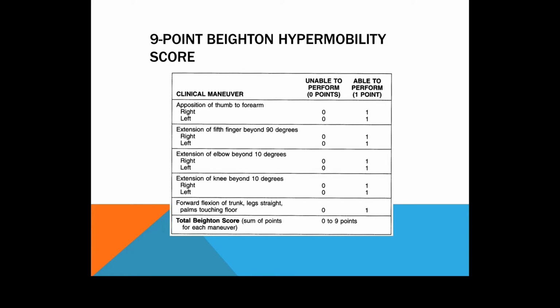A score of 6 or above indicates hypermobility. It should always be borne in mind that the Beighton score only covers a small number of joints and only considers one plane of movement. If the individual scores low but has widespread hypermobility outside the Beighton scale, then a generalised hypermobility spectrum disorder diagnosis might still be appropriate.